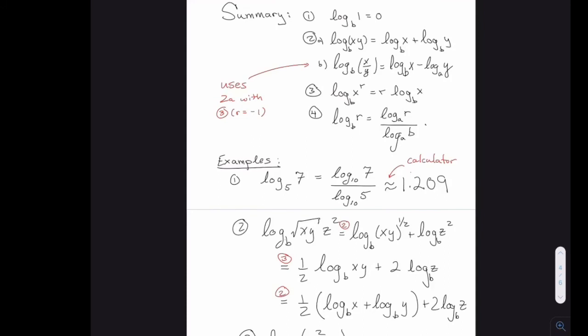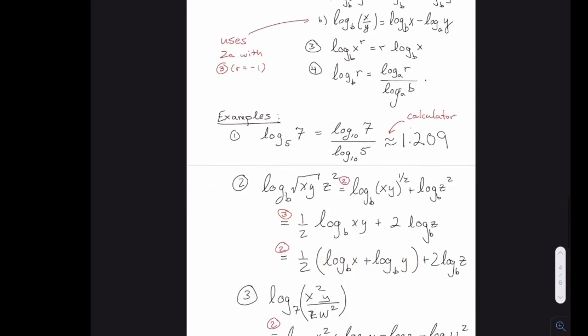Then I deal with these exponents using property 3. So now these exponents appear as multipliers in front of the respective logs. And then I use property 2 again, because this is a product. I can write it as a sum of the logs. And what we have is our final answer.